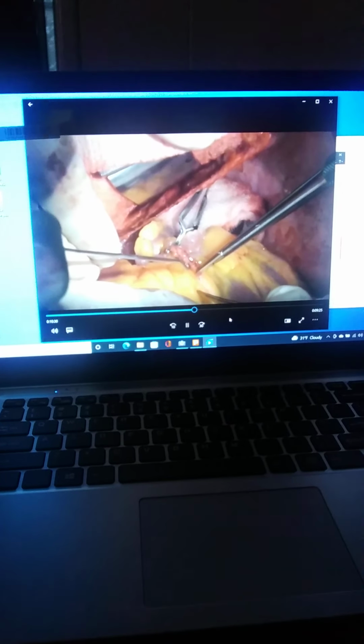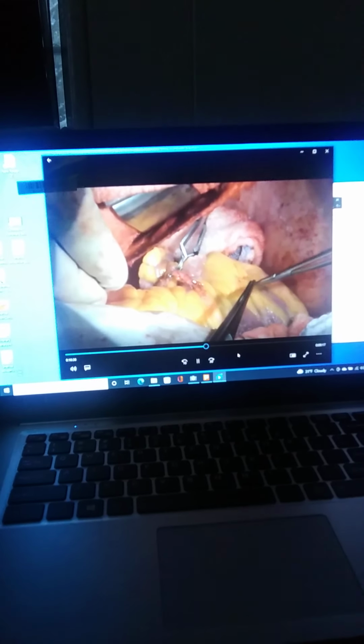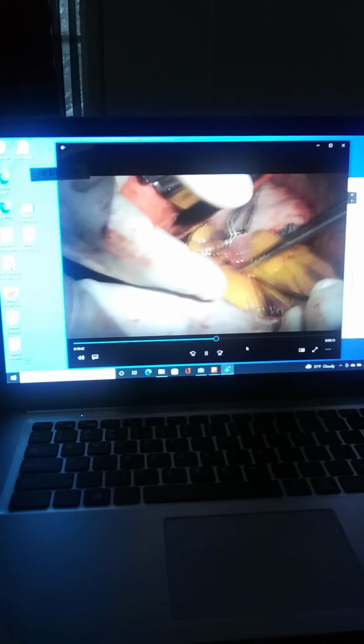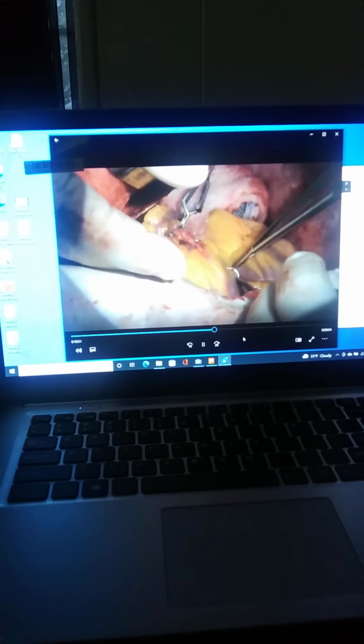Small and precise bites are taken full thickness of the mammary artery, and a matching bite is taken of the coronary target, incorporating some of the epicardium so as to enhance the hemostasis of the anastomosis, but avoiding excessive bites that would result in compromise of the lumen at the anastomosis.